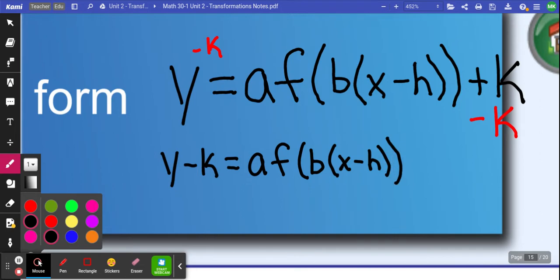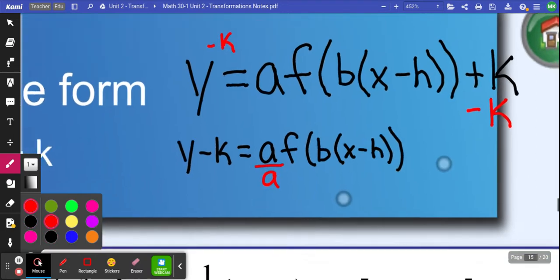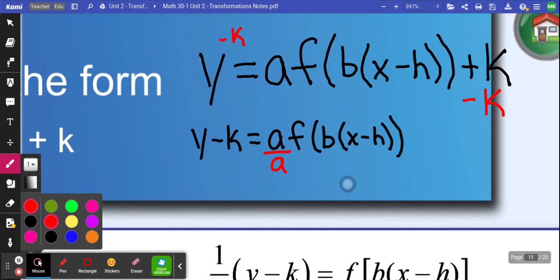And I can do the same thing with the a value. I could move the a value from the right-hand side where the function is to the left-hand side if I divided a to the other side. When you divide a to the other side, you would be doing it to this thing in brackets, and it would look like this, 1 over a.